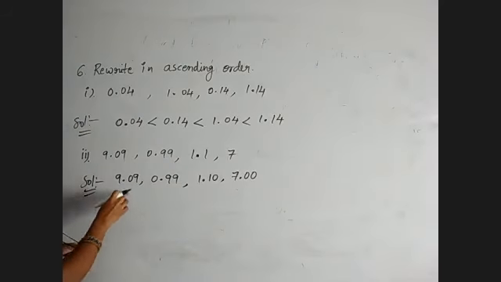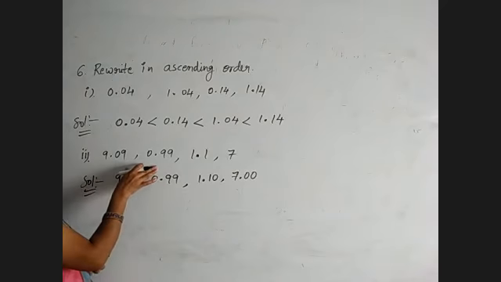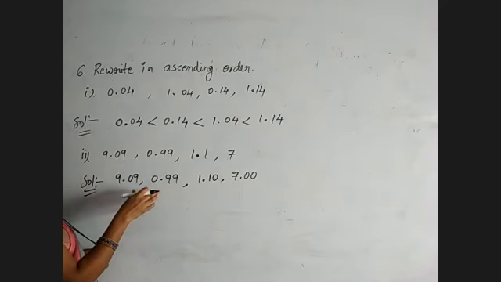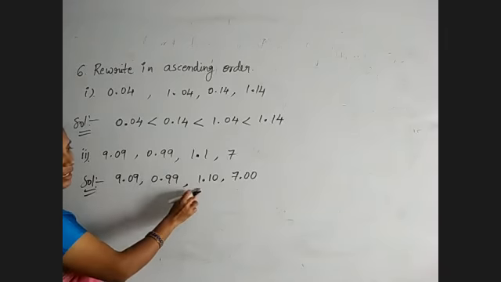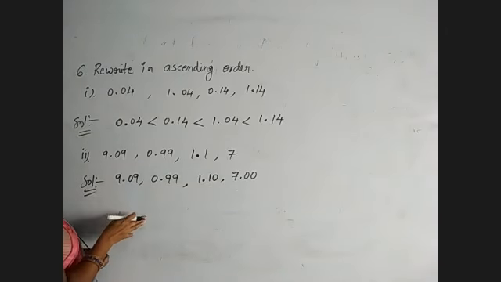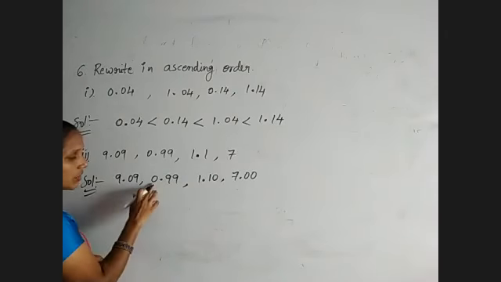Okay, now we rewrite the exact question by converting into like decimals. Now compare them in ascending order. So here 9 is there in the whole number part, then 0, 1, 7. Every number is different. So among all these, 0 is the smallest one.